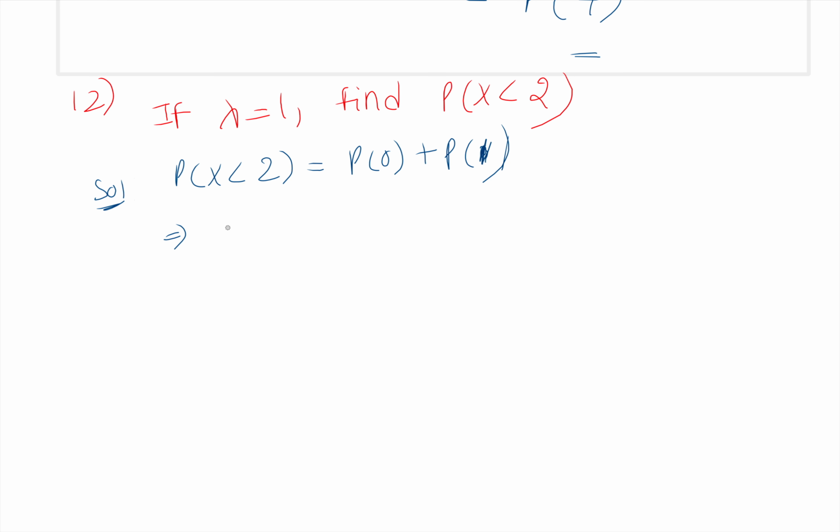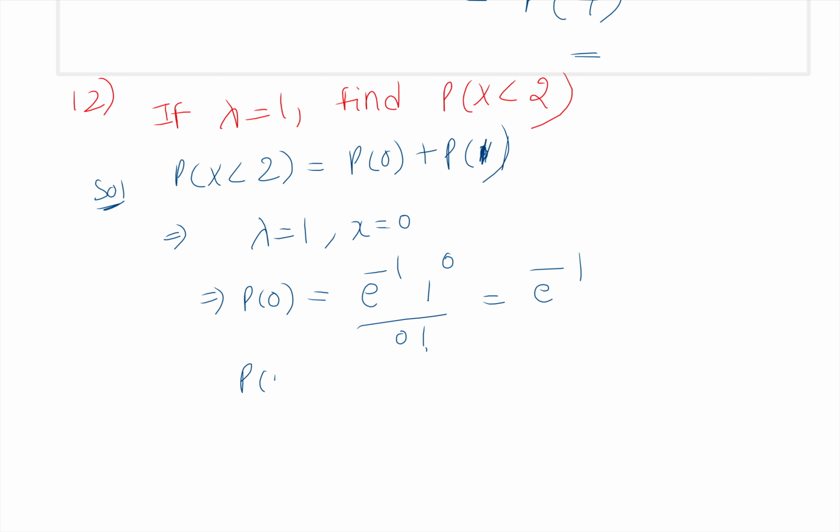Lambda value is equal to 1 and x value is equal to 0 for P of 0, that is e to the power of minus 1 into 1 power 0 by 0 factorial, we get e to the power of minus 1. For probability of 1, here lambda is equal to 1, x is equal to 1, then we get e to the power of minus 1 into 1 power 1 by 1 factorial, we get e to the power of minus 1.